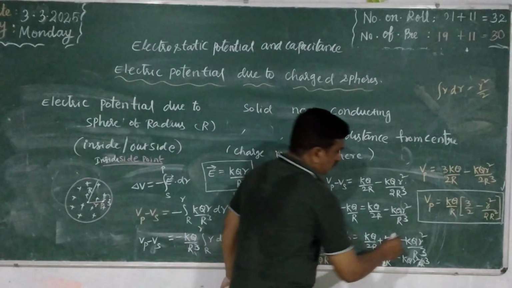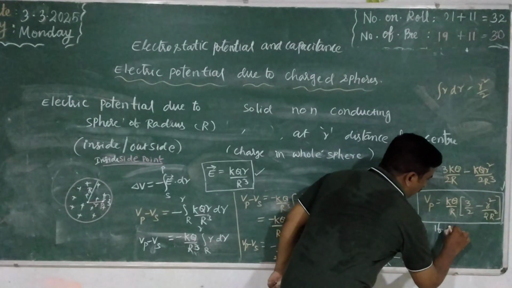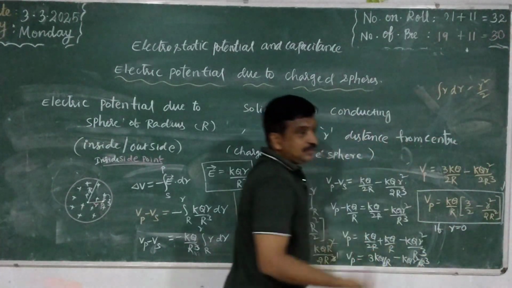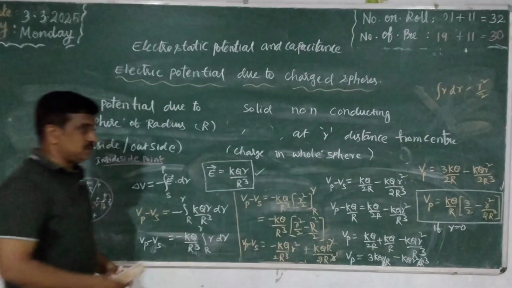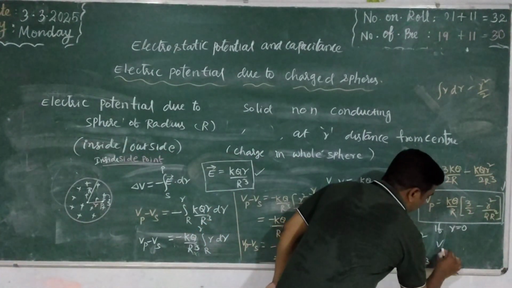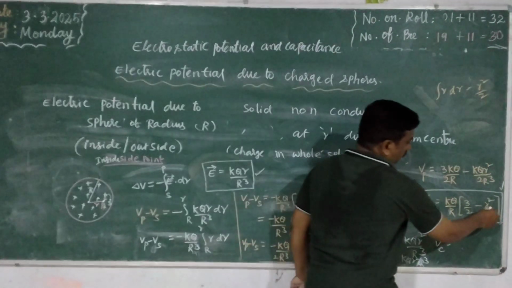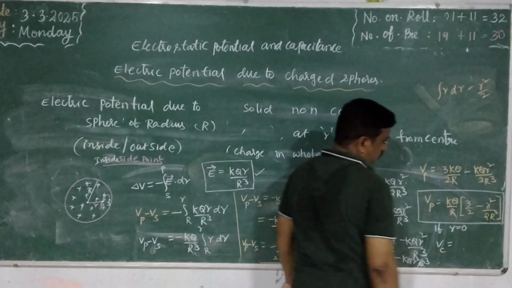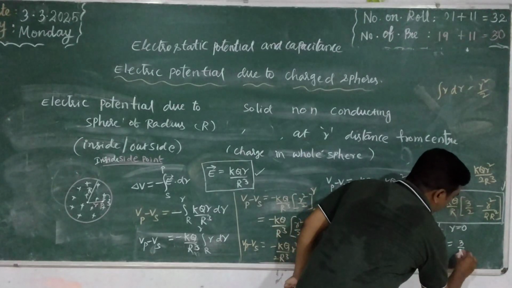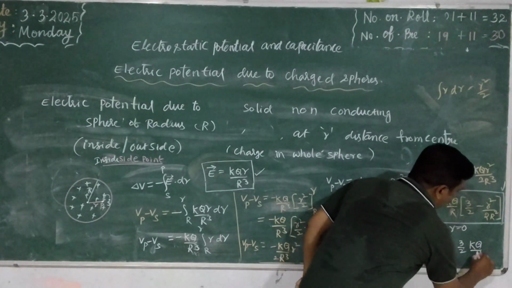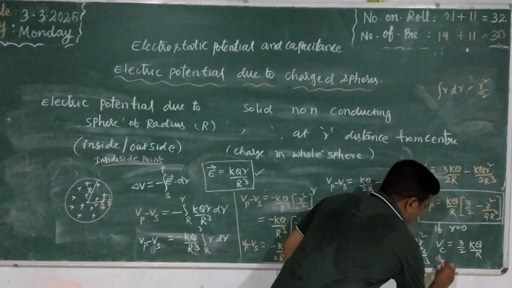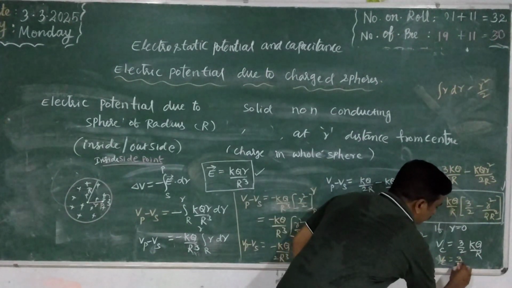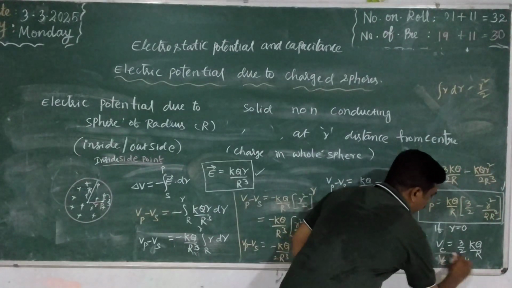For example, if small r equals 0, that means at the center. What is the electric potential? See, electric potential at the center: instead of r we can write 0, this whole term becomes 0. So we get 3 by 2 KQ by R. See, potential at C, the center, we can write as 3 by 2 times potential on the surface.